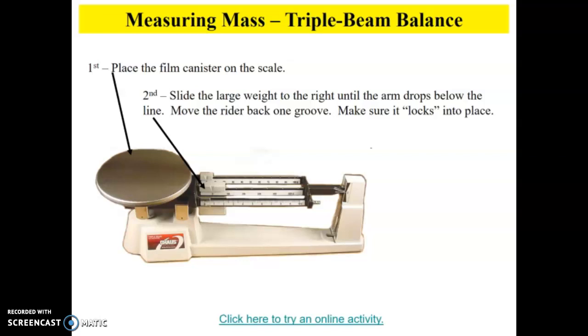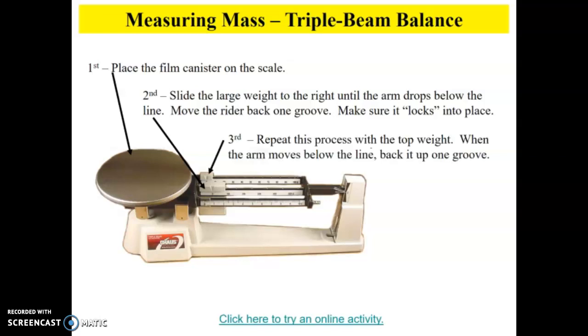Always start with the biggest weight, and then move it until it starts to get fairly close. You can move it until it drops down and move back a peg. Now there are different kinds of grooves, so make sure you're fully in the groove when you're moving along. And then you do the same thing with the top weight. Move it until you get close, and maybe drop it back one if it goes too far down.